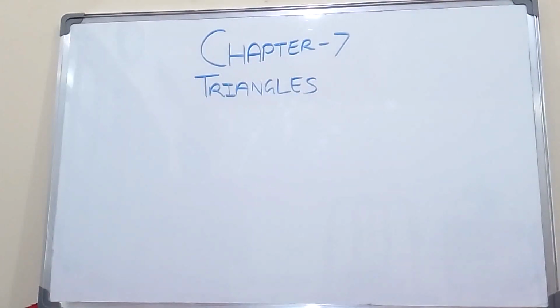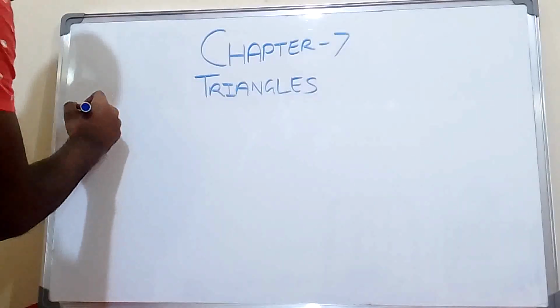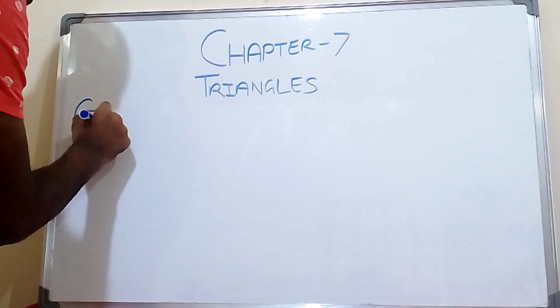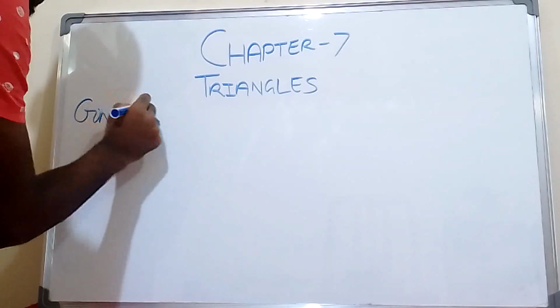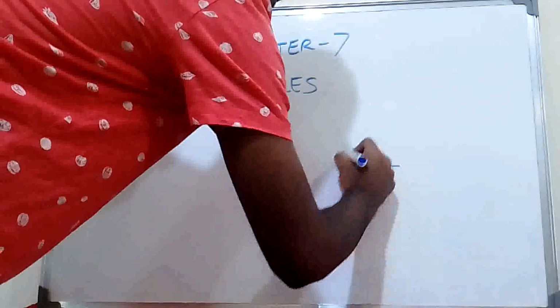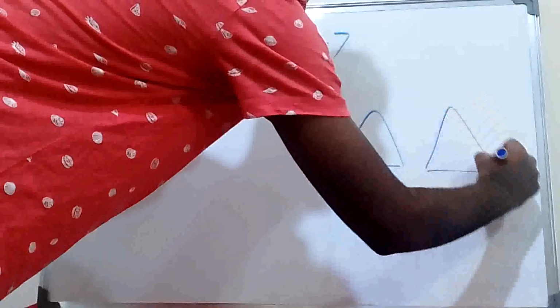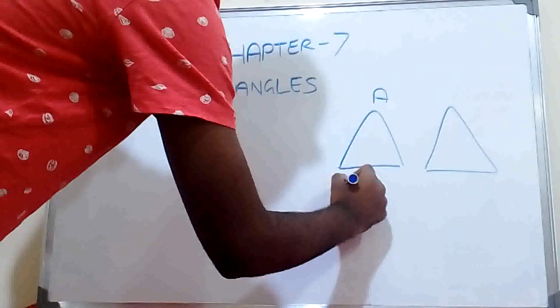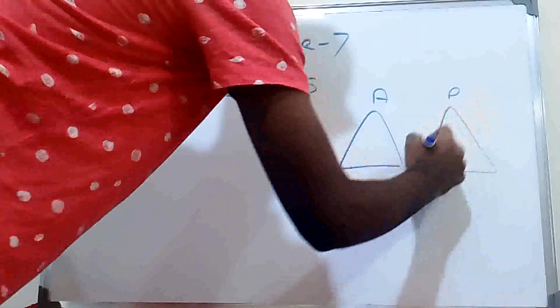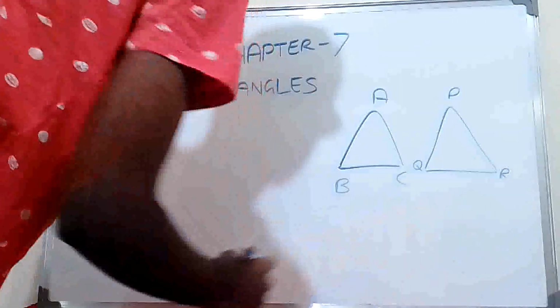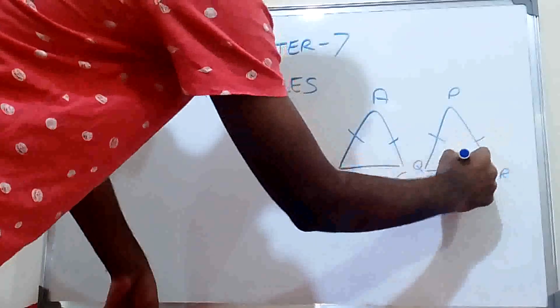Till now I haven't shown you a formal way of proving a theorem. So now I'm going to show you a model of how to actually prove theorems, and this is the way we're going to prove all theorems. First we write what is given to us, and we draw the diagrams. Two triangles, ABC and PQR, and we are given that these three sides are equal.